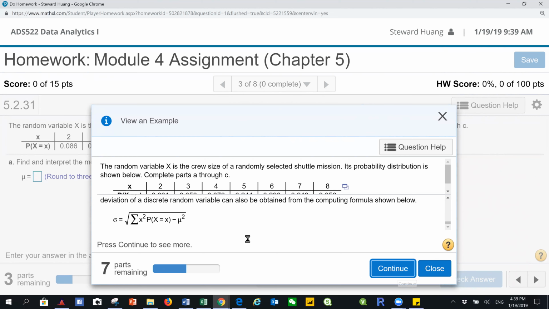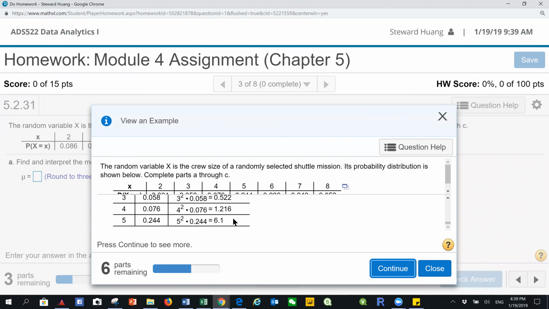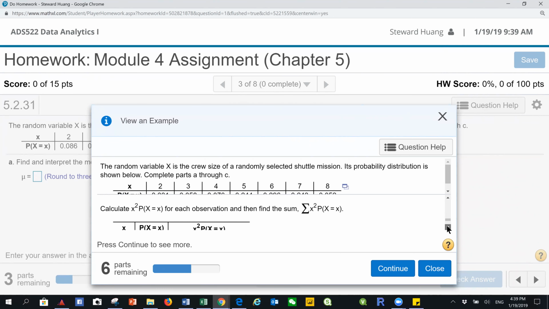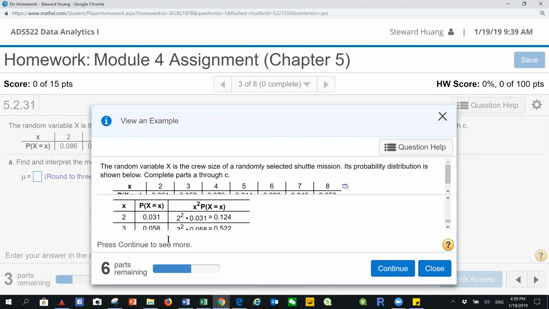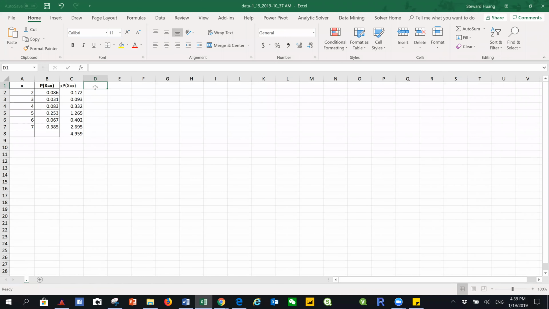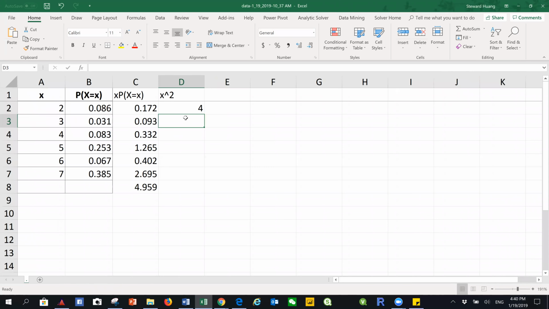You should do as I have mentioned: create a column and then multiply by its probability. So create a column x squared, and this column is equal to a squared, and so on and so forth.